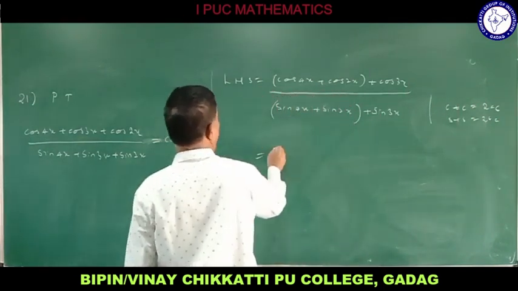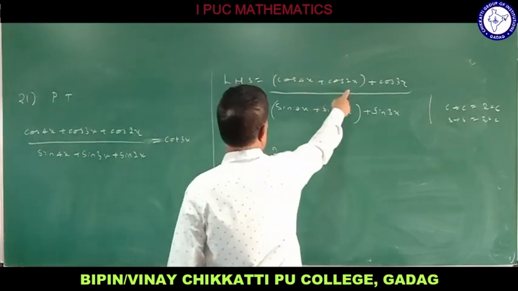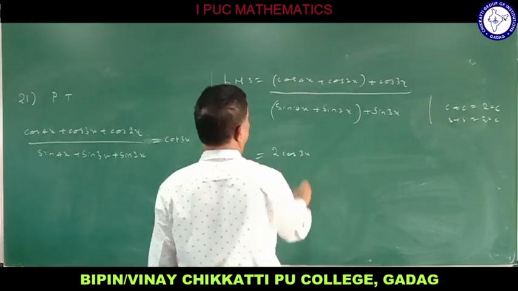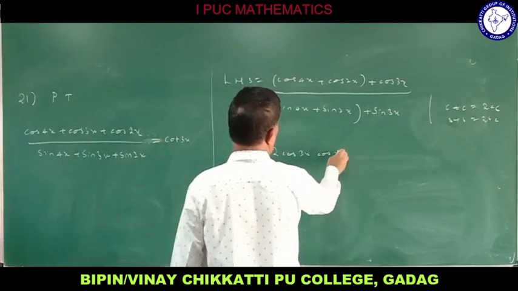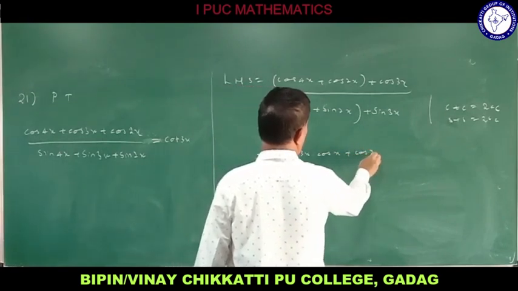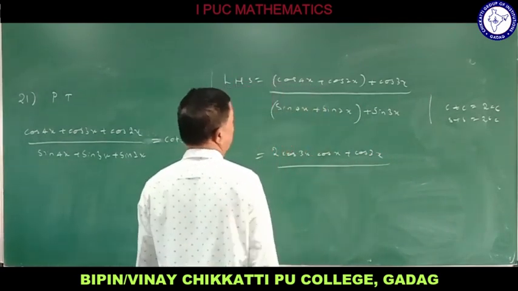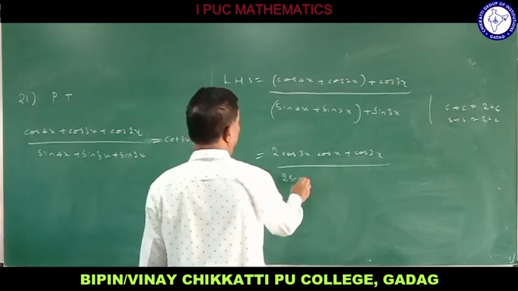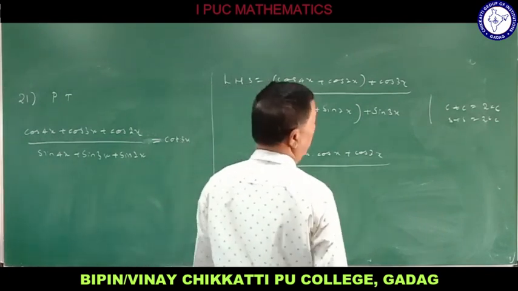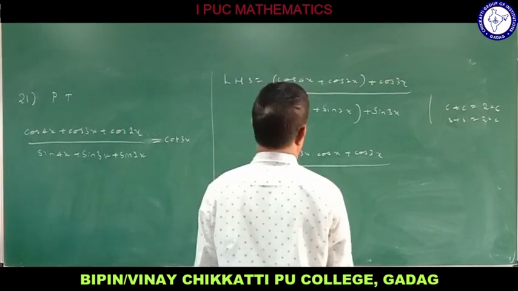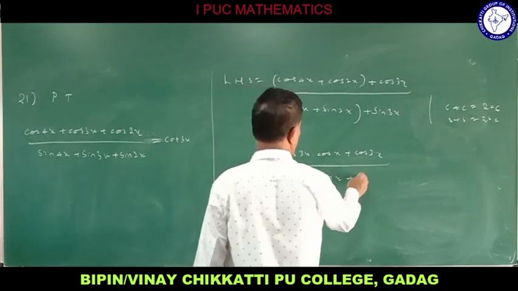Apply here: 2 cos of (4+2)/2, that is 3x, times cos of (4-2)/2, that is cos x, plus cos 3x, divided by 2 sin of (4+2)/2, that is sin 3x, times cos of (4-2)/2, that is cos x, plus sin 3x.